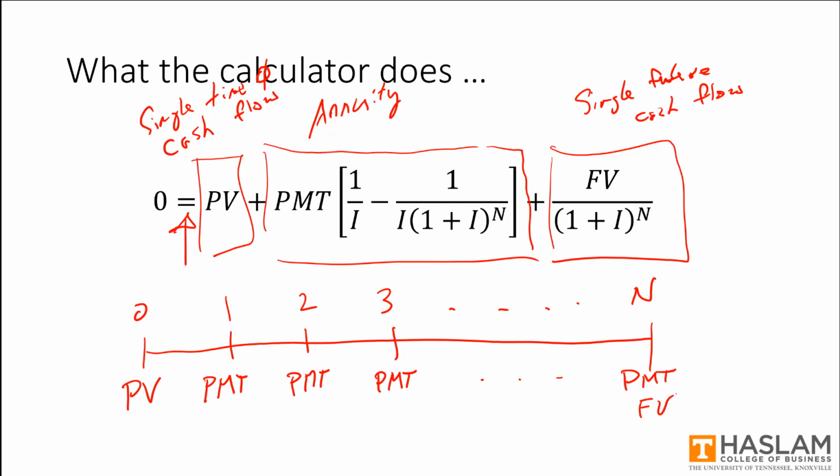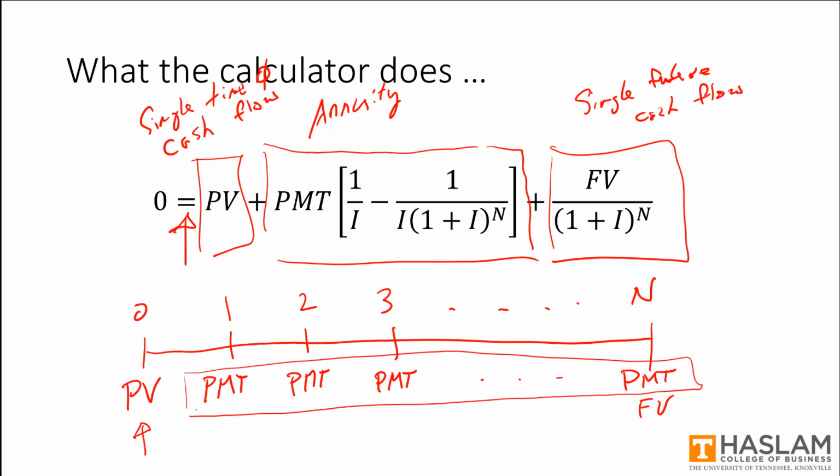So you've got a time 0 cash flow here. That's PV. You've got a series of payments from time 1 through time n. There's your annuity. And then you finally got a single cash flow at time n. That is FV.